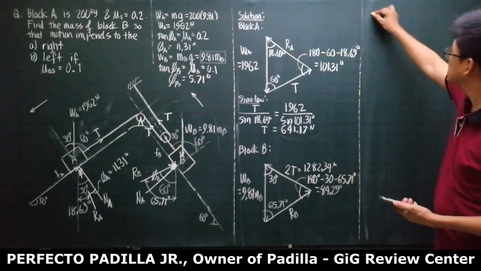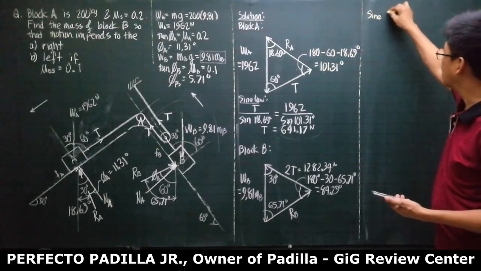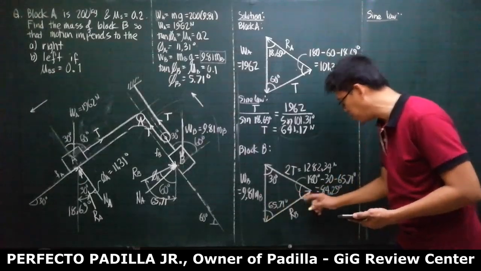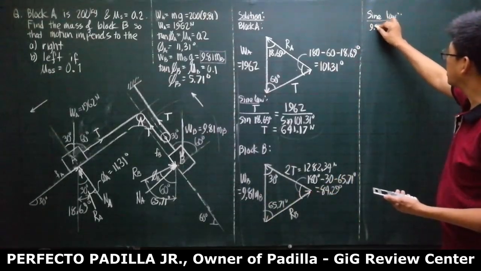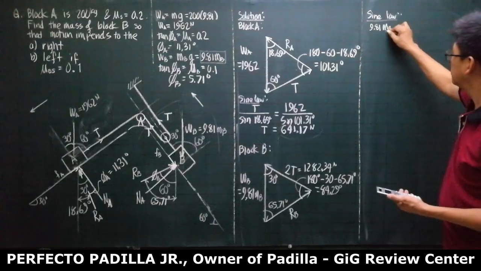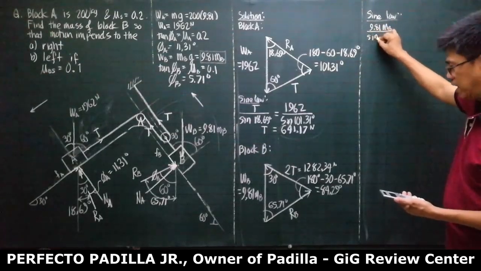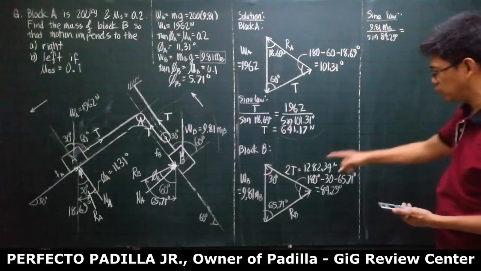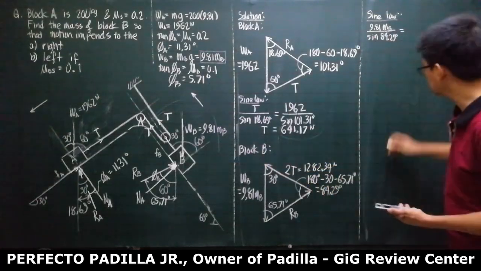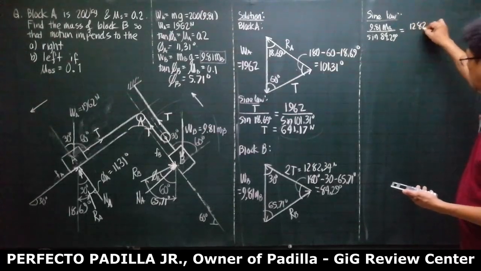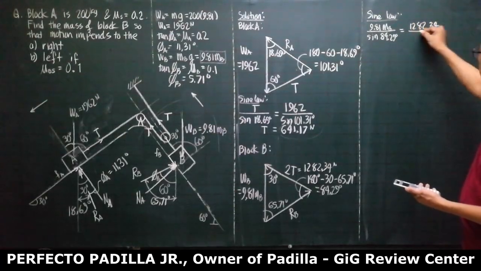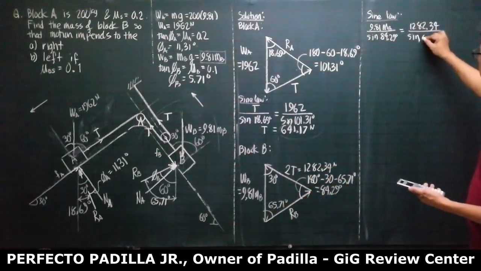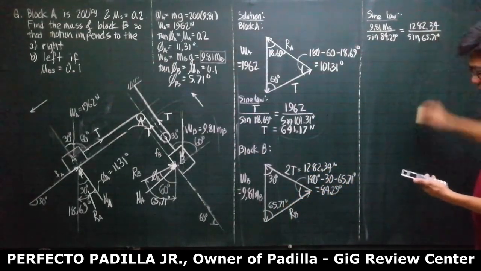So applying sine law again, we will have 9.81 MB over the sine of the angle opposite, 84.29, is equal to 2T, which is 1282.34 over the sine of angle opposite, 65.71 degrees.